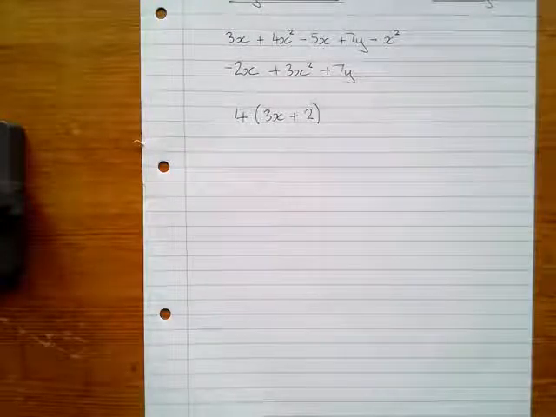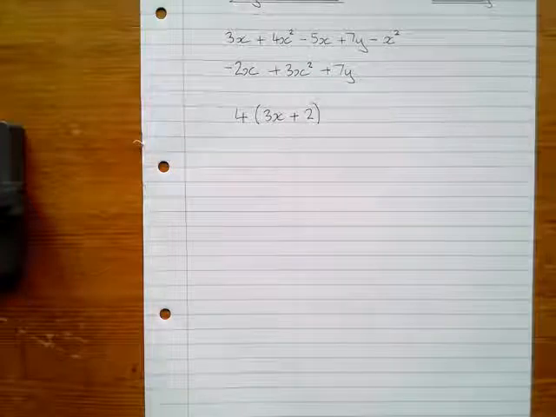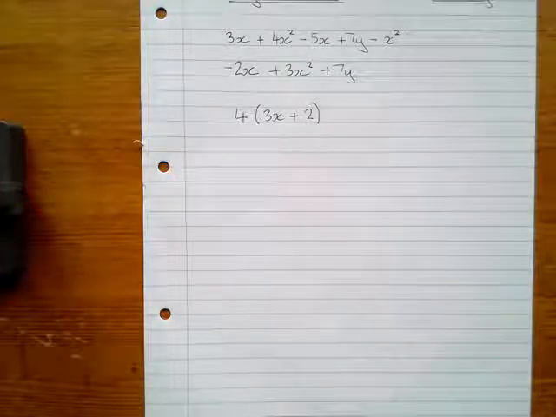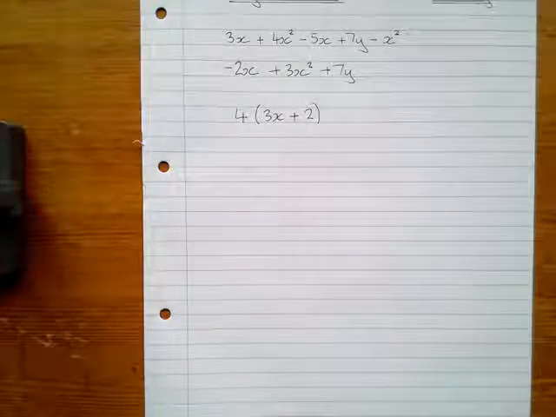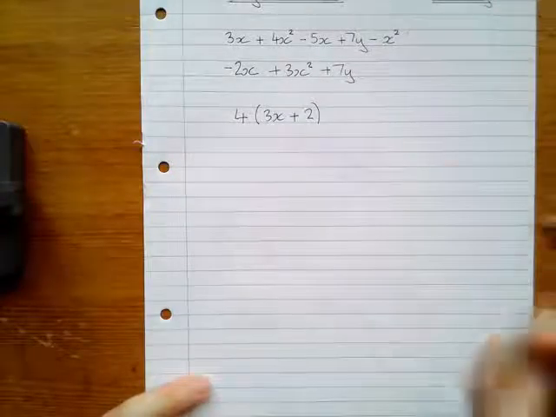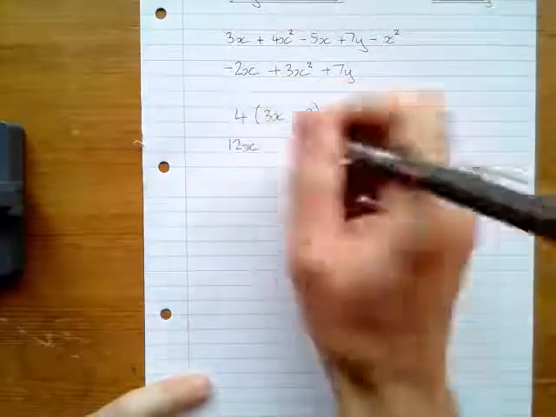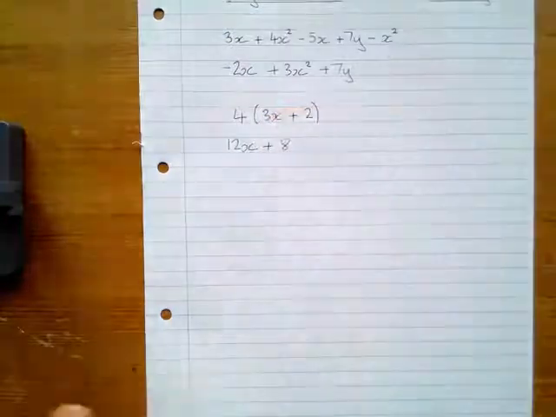You could leave it like that, but often we want to write it so that each of the types of term that are involved in that are by themselves. Okay, and to do that, we call it multiply out the bracket. So each of the things in the bracket gets multiplied by 4 in this case. So we end up with 12x plus 8, like so.